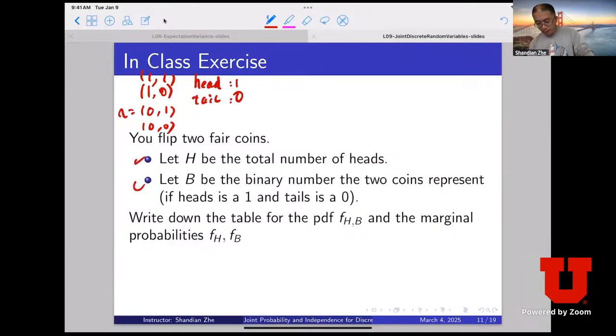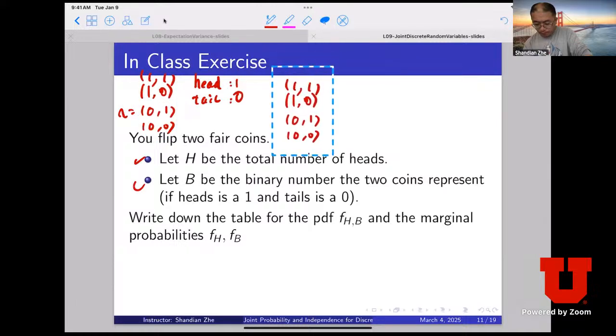Now we define two random variables. The capital H is the total number of heads. And capital B is the binary number that the two coins represent. If you look at the sample space, you see this sample 1, 1.